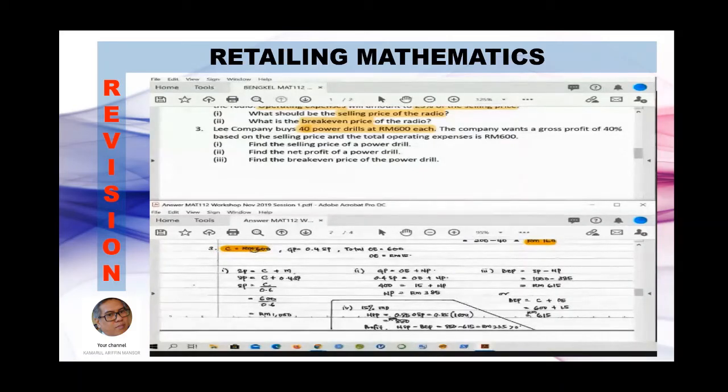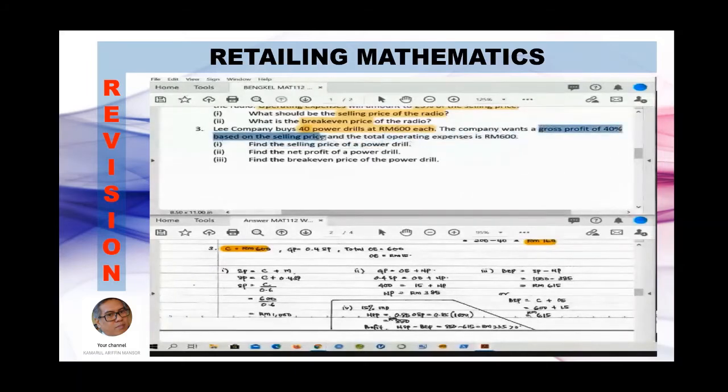Alright. And then dia kata kat sini, the company wants a gross profit of 40%. Okay, want a gross profit of 40%. So dia nakkan gross profit 40% based on the selling price.